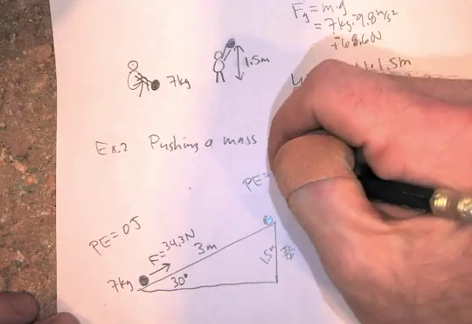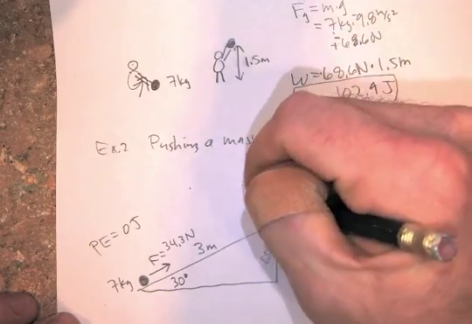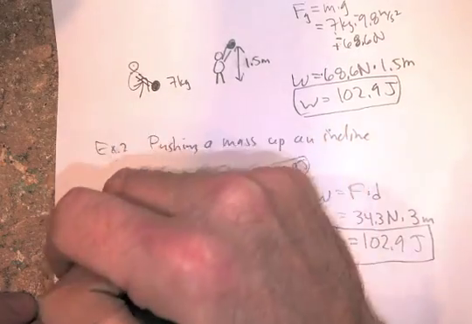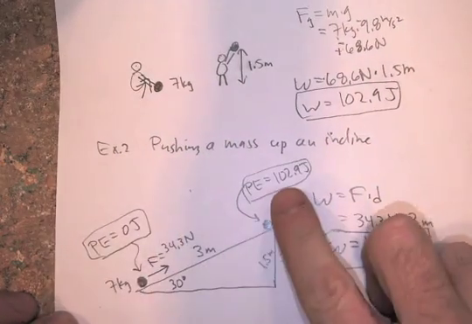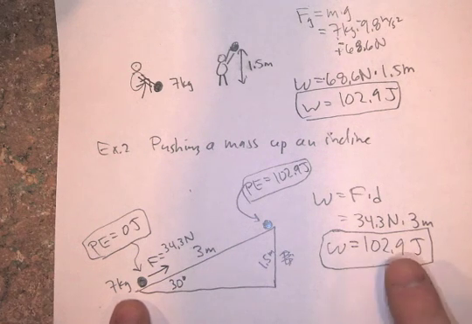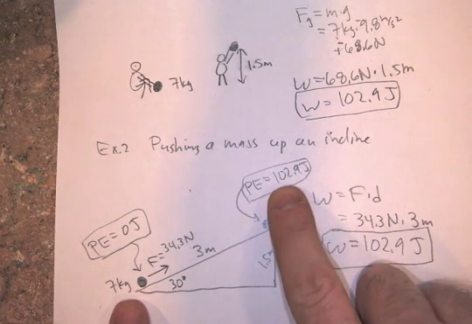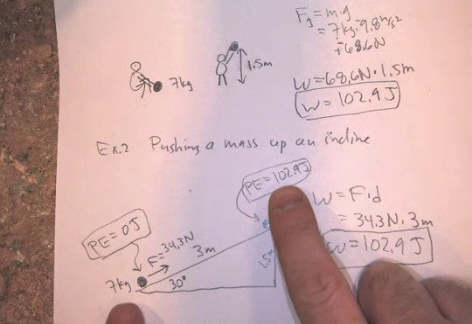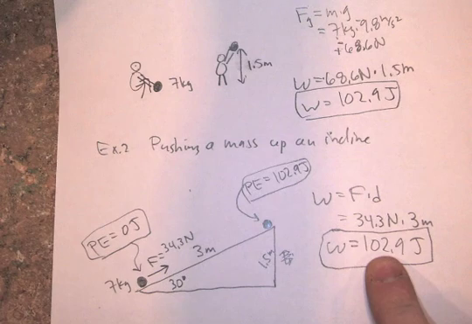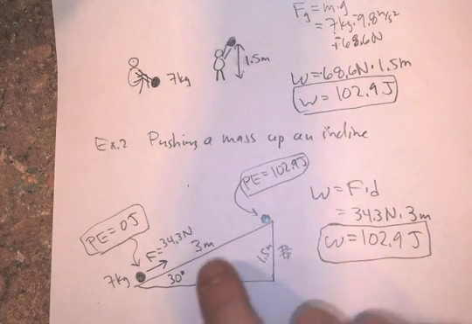Is 102.9. So that's the connection, is that the change in energy was 102.9, which means we did 102.9 joules of work. So you could have just figured this out and got the answer. So that's the connection, though. However much work you do winds up coming out equal to the change in the energy.